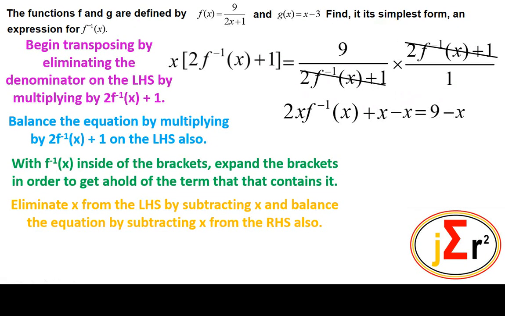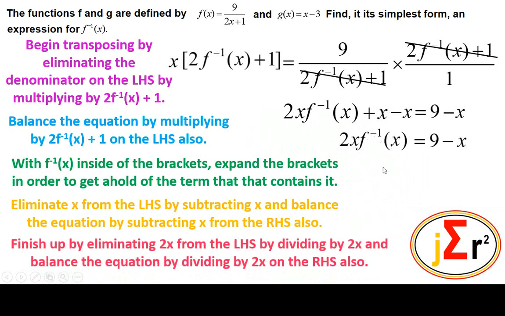In our next step, the x's on the left-hand side would have been eliminated, and all that we have left is 2x f inverse x, which means that we will have to eliminate this 2x that is multiplying f inverse x. And how do we do that? Finish up by eliminating 2x from the left-hand side by dividing by 2x, and balance the equation by dividing by 2x on the right-hand side also.